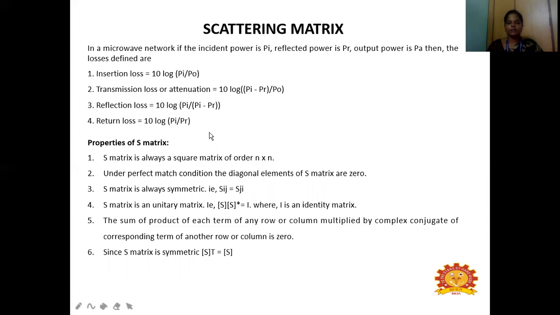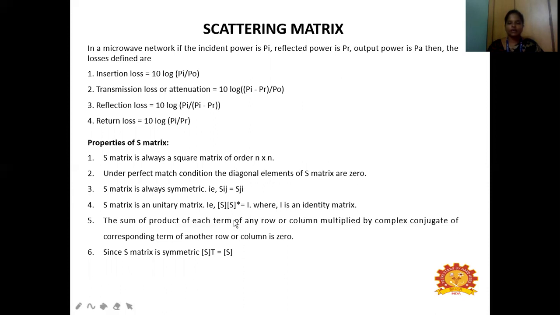Now we will see the properties of the S matrix. The S matrix is always a square matrix of order n cross n. Under perfectly matched condition, the diagonal elements of the S matrix are 0. The S matrix is always symmetric, that is Sij is equal to Sji. The S matrix is a unitary matrix, so S into S conjugate is equal to 1, the identity matrix.